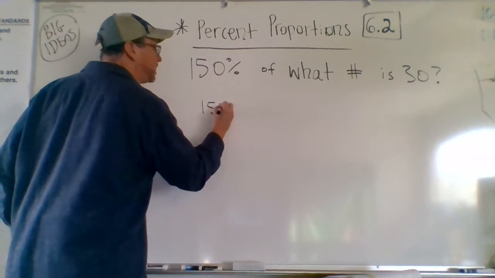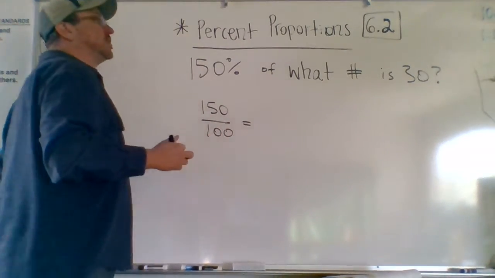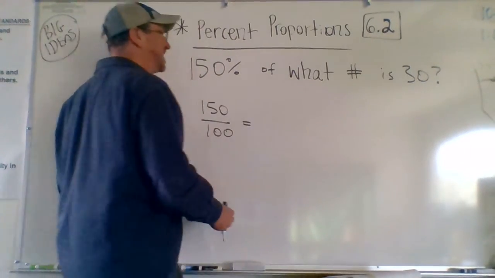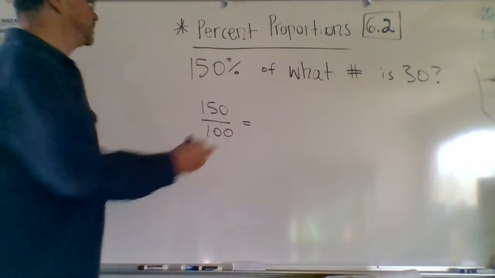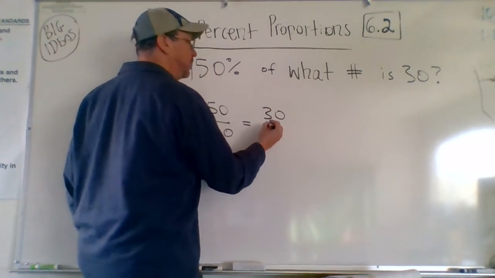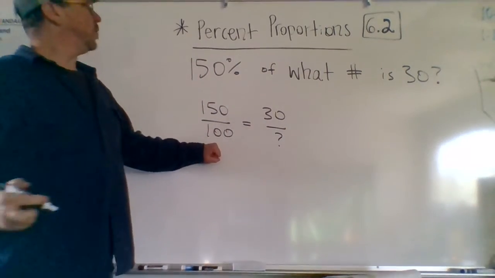So 150 of 100 is proportional to 30 of what number? So the 30 is the numerator here. The denominator is the 100.